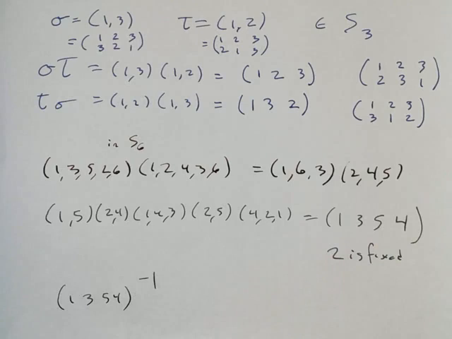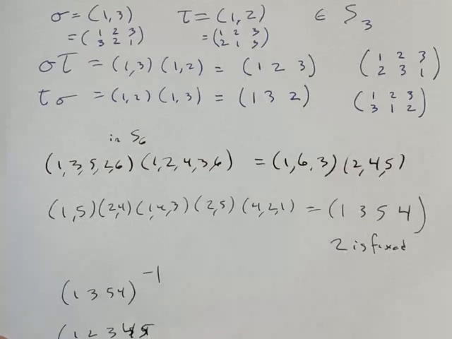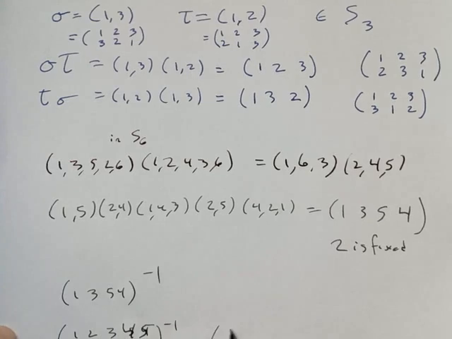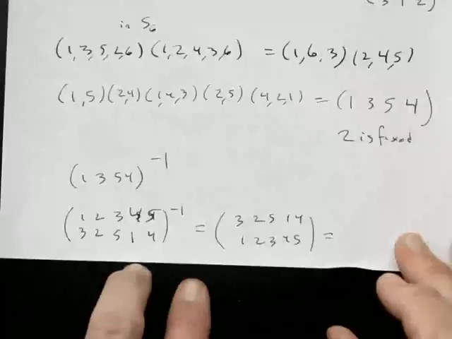Now in 2-row notation, I'd have to write this out. 1, 2, 3, 4, 5. 1 goes to 3, 2 is fixed, 3 goes to 5, 4 goes to 1, 5 goes to 4. To do the inverse, I flip the rows, and then I have to rearrange it so that the top is in the right order.